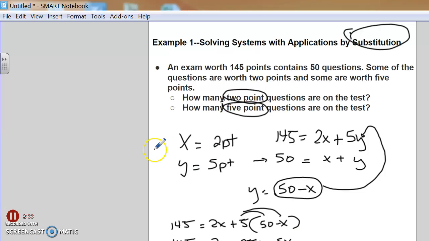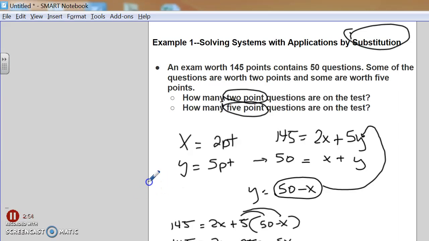Now I'm in one variable, just X's, so I can definitely solve this one. I'm going to combine these two, and that's going to give me negative 3X, and I've got 145 equals positive 250.